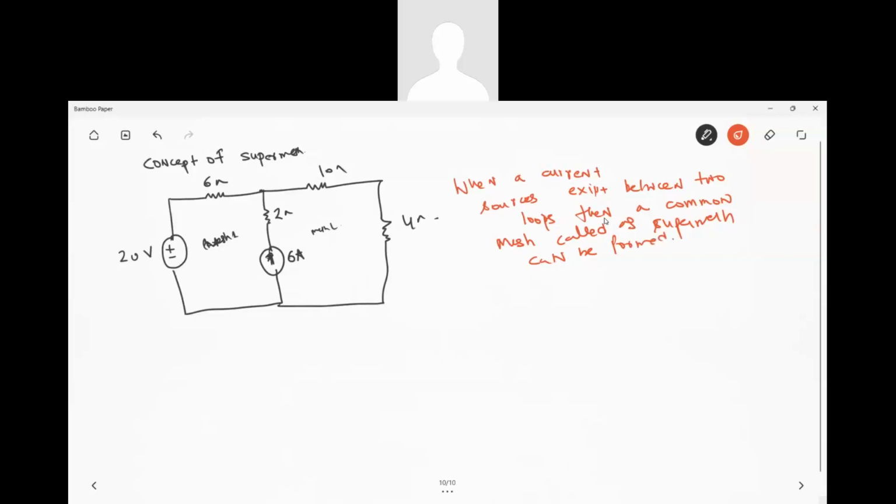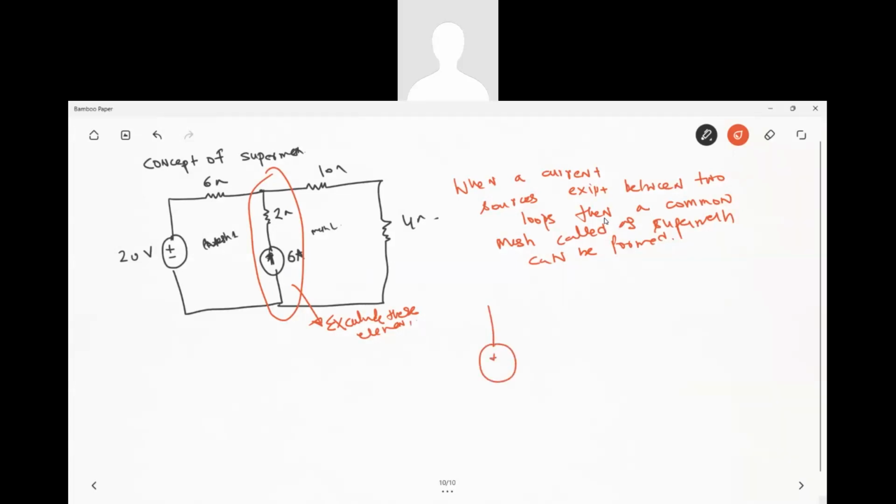What does that mean? What we will do here is, you see that current source and that 2 ohm resistor are there, so we need to exclude these elements and form a common loop.